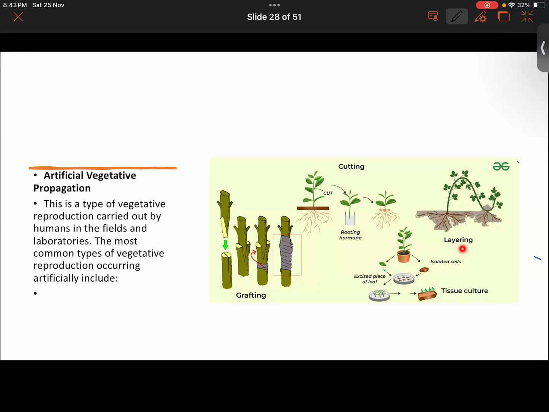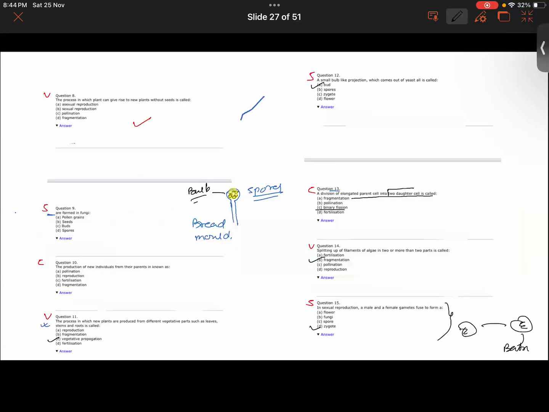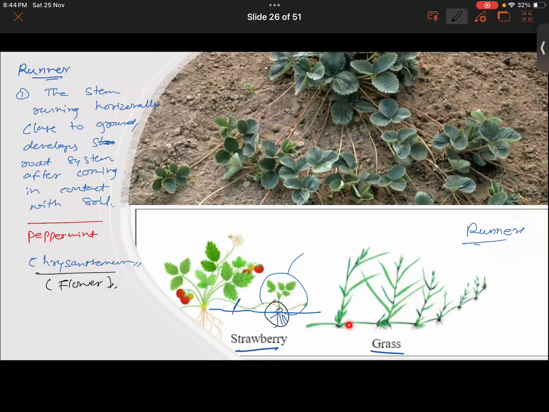Or for the ornamental flowers also, the artificial vegetative propagation is done. Because for wild plants like grasses, there's no need to artificially grow it, right? Now it grows on its own, right?